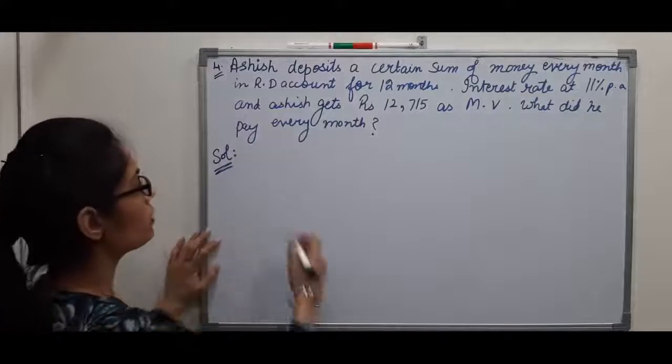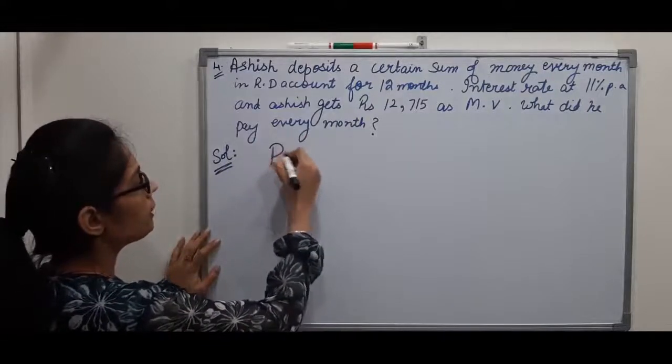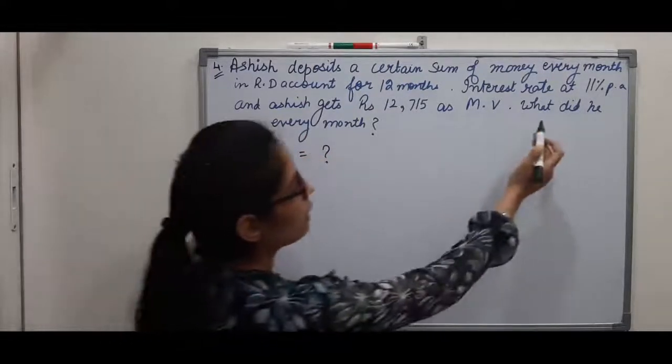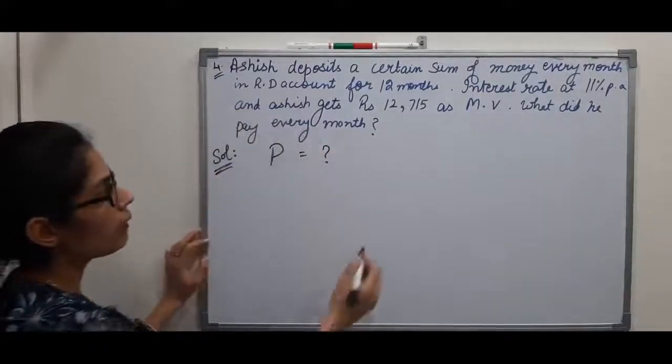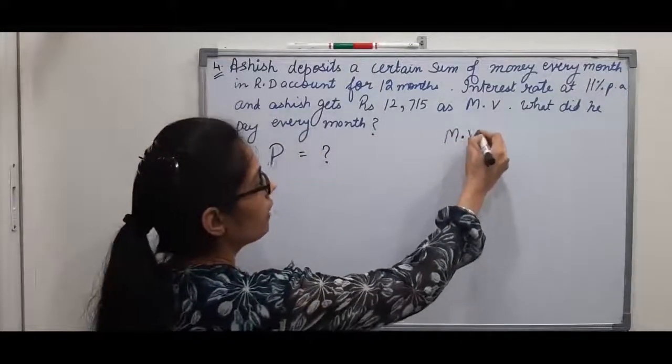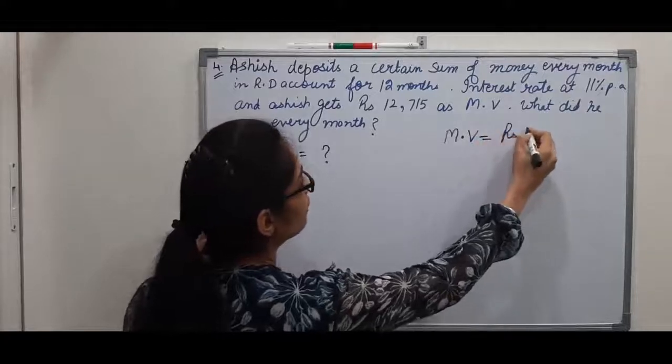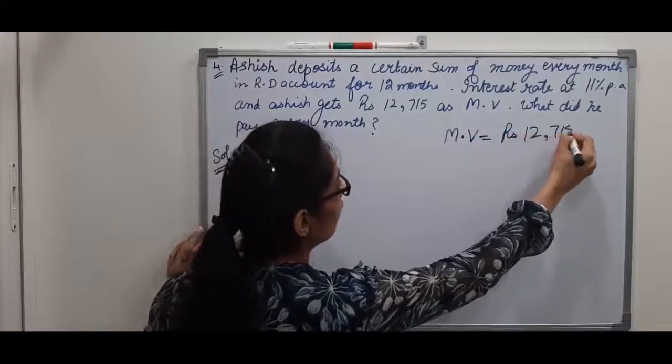So in this question we have to find P. See, they have asked what he paid every month, and MV is already given. MV is rupees 12,715.